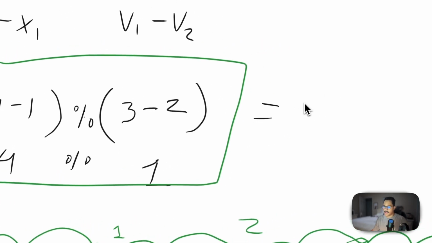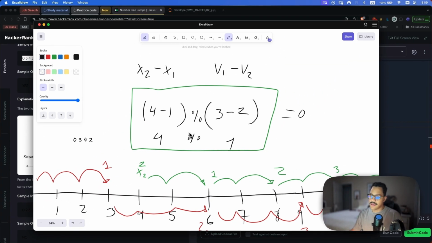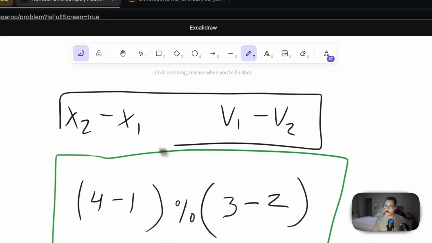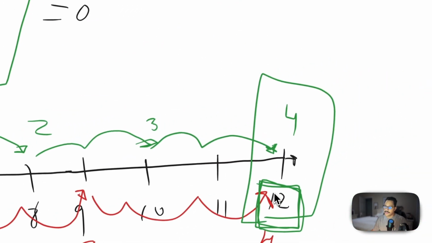We don't have any remainders. But what that's saying is that the difference of these values is going to be a multiple of the point in time where they meet. Right?